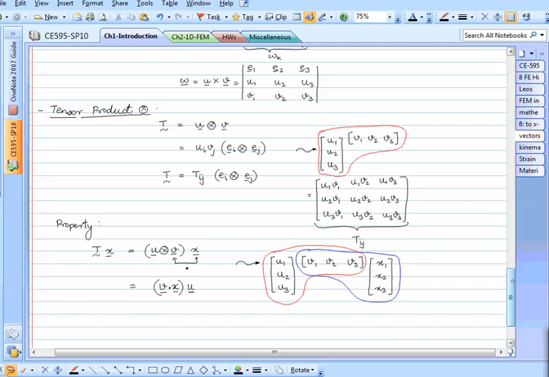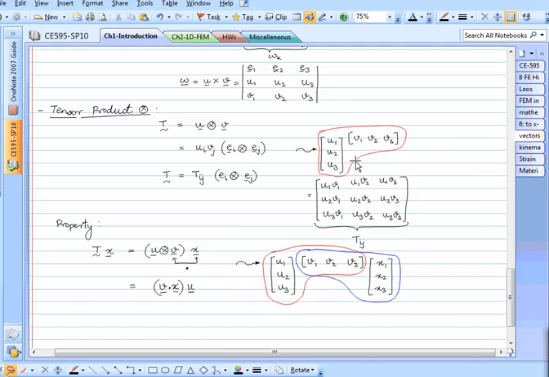And finally, there is this new type of product that you might not have seen before if you didn't take mechanics. This is called the tensor product. So you can also construct a tensor from two vectors by using what is called the tensor product. And if you were to write it out in terms of matrices, you can interpret this as the first vector in a vertical column, the second vector in a horizontal row.